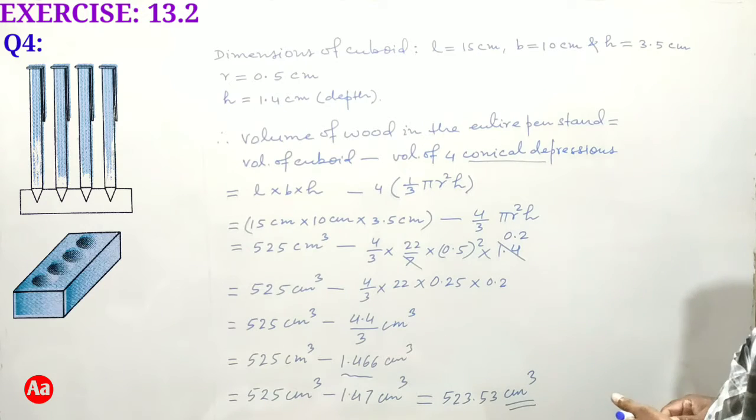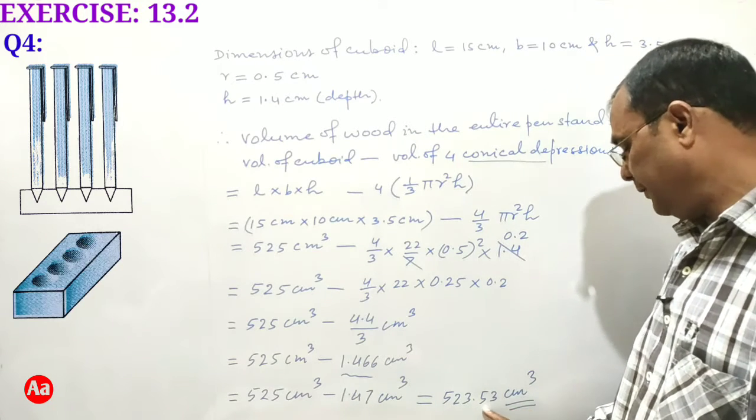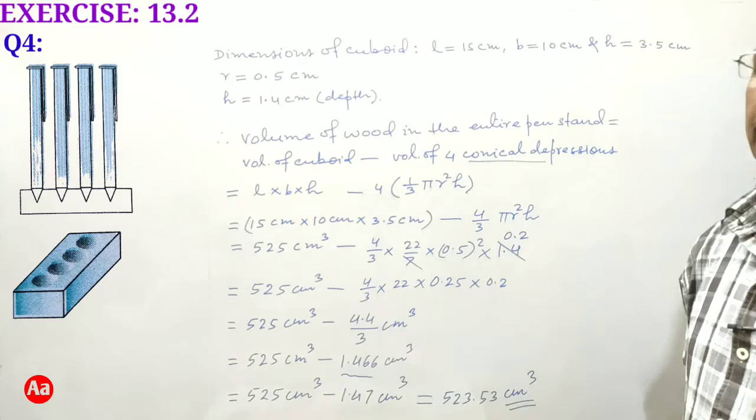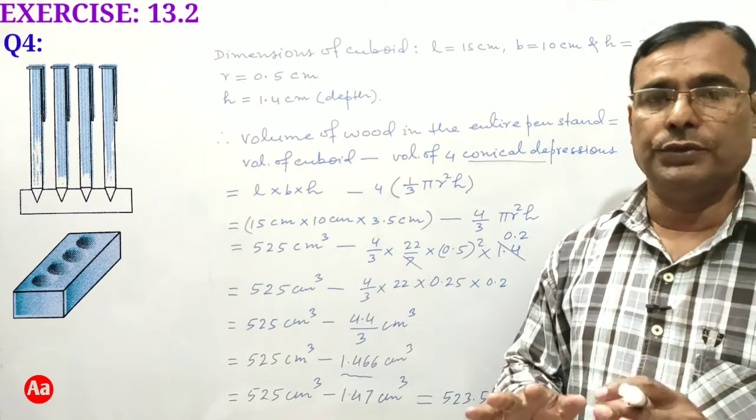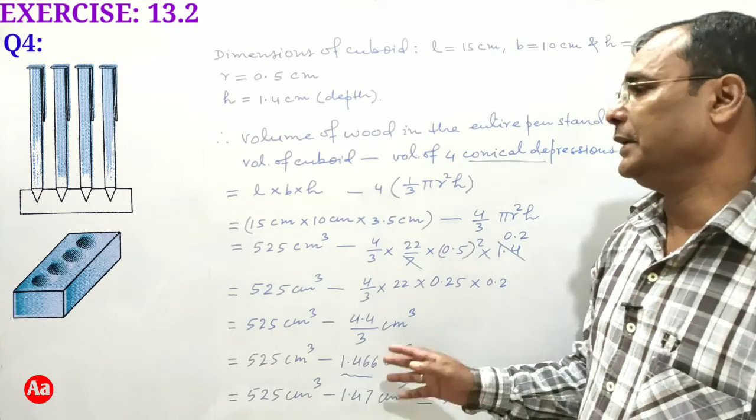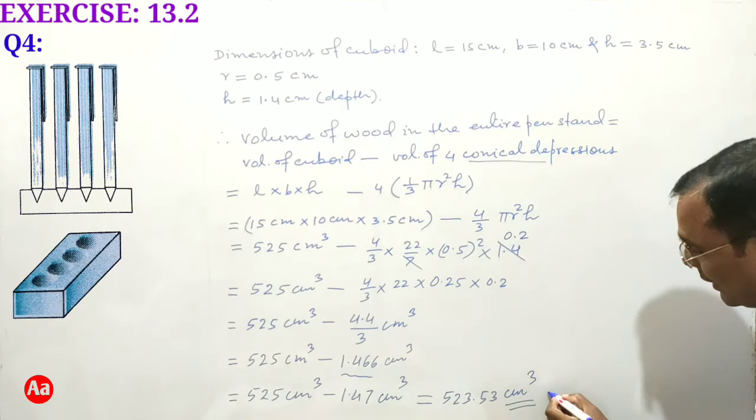So 523.53 centimeter cube is the volume of wood in the entire pen stand. So this is the answer.